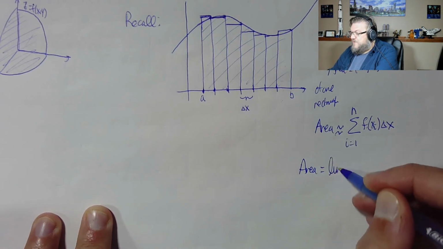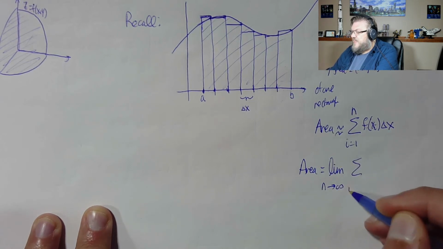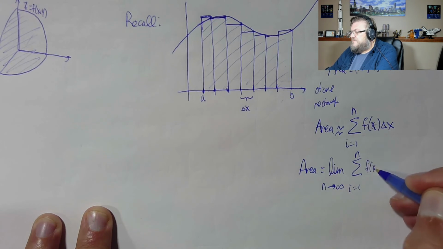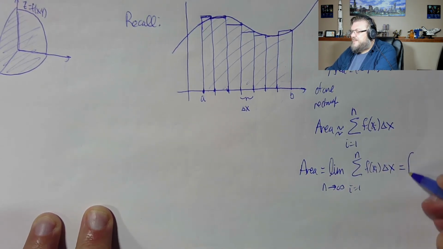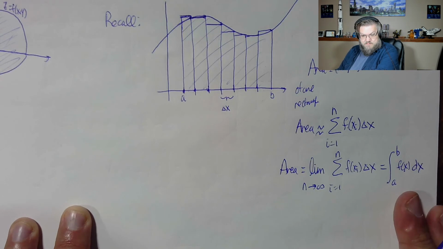So you learned in Calc 1 that the limit as n goes to infinity of the sum from 1 to n of this is the area under the curve. And this is what you defined the integral from a to b of a function to mean.